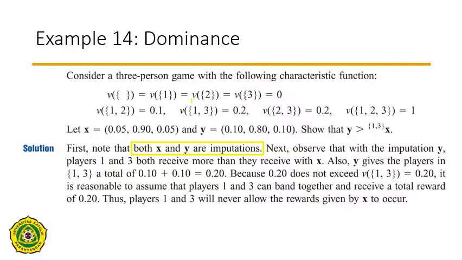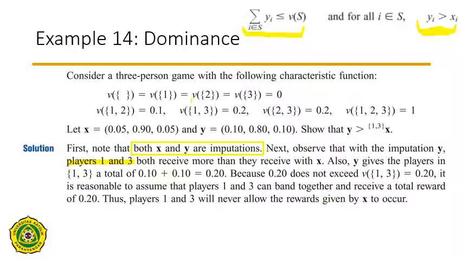Now we observe that these are the two conditions such that we can say y dominates x through the coalition S. It says that y dominates x through the coalition of 1 and 3. So first check this condition, yi greater than xi, which is easier.